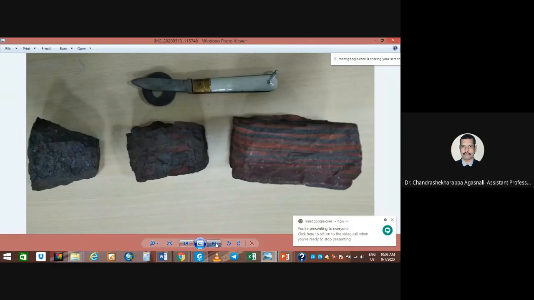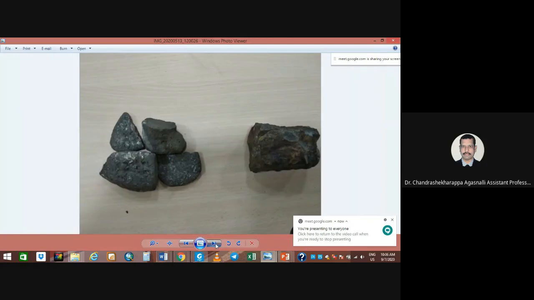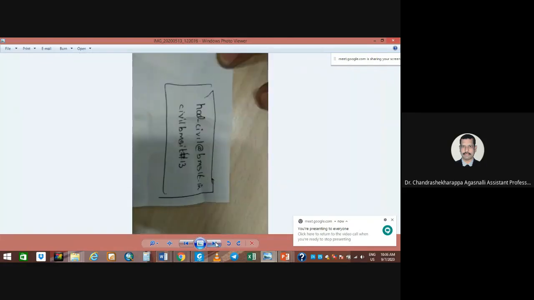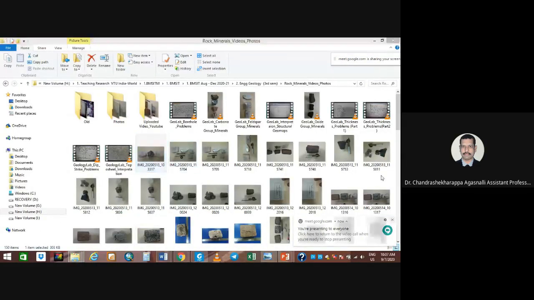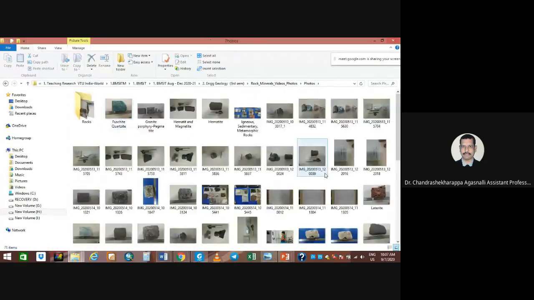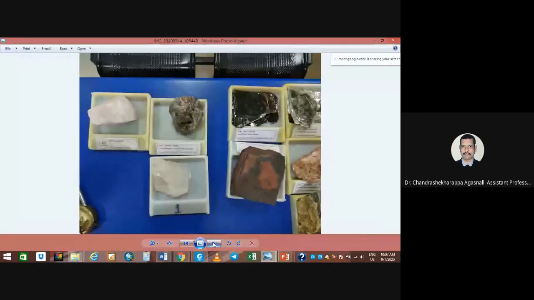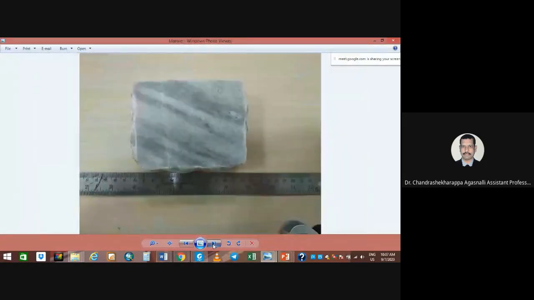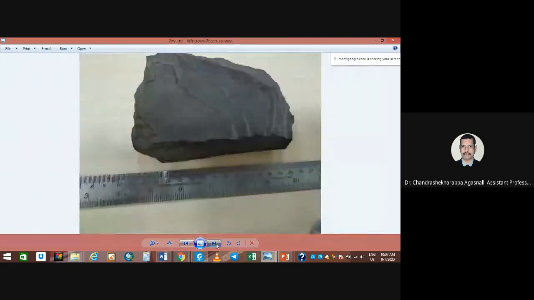Where is the conchoidal fracture? I will show you the conchoidal fracture. That is a very typical one. Where is a typical one? Conchoidal fracture. So this is a typical one. We need to show you that. Let me show you that. Sorry, that is not a mineral.